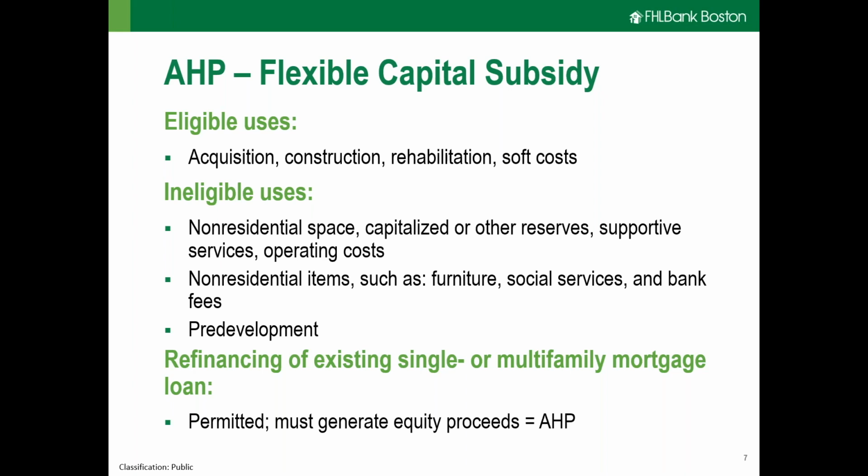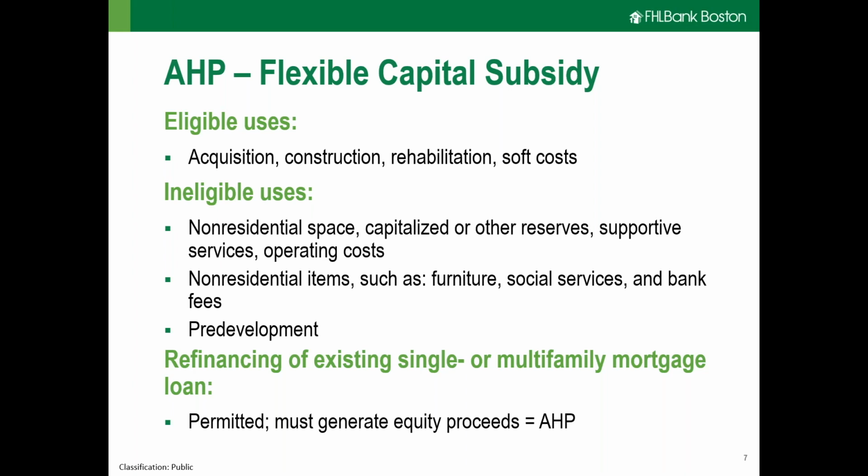Non-residential items, such as furniture, fixtures, and equipment, social services, or other bank fees related to using the AHP funding are not eligible. Pre-development activities are also not eligible because we want AHP to be funding your initiative for the acquisition, construction, or rehab, putting this project into place.